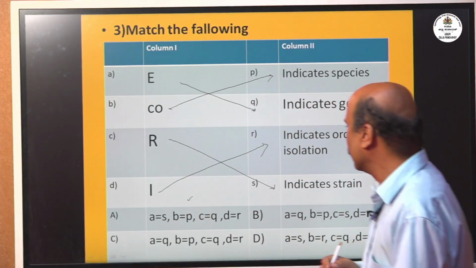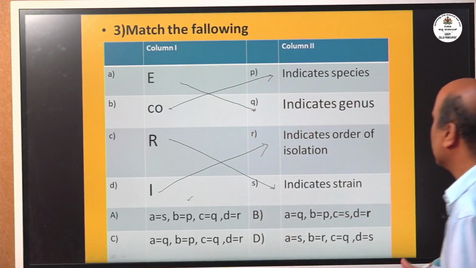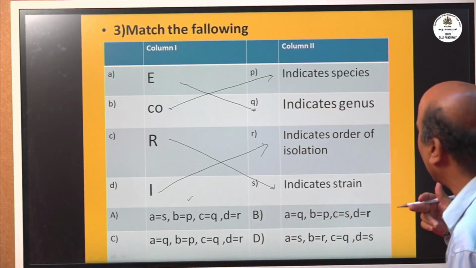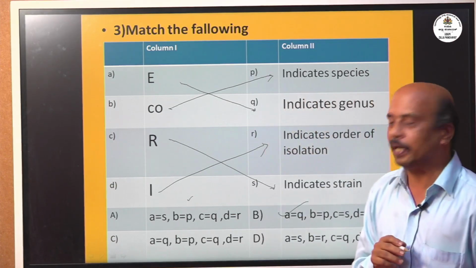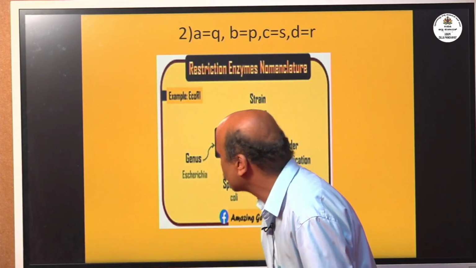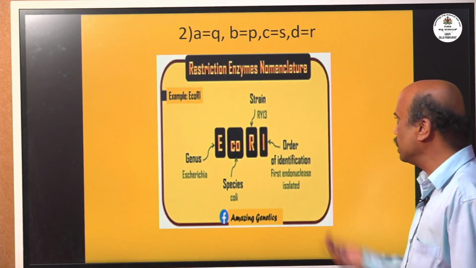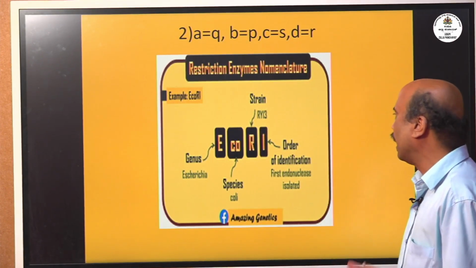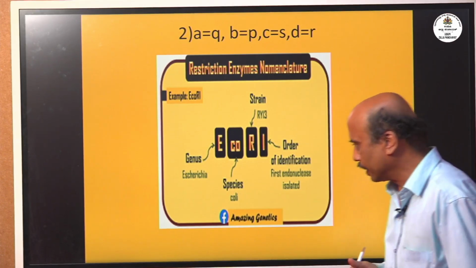So the option you see here is A-Q, B-P, C-S and D-R. Option B is the correct answer. So here E is genus, co is species, R is the strain and the Roman numeral is the order of isolation.